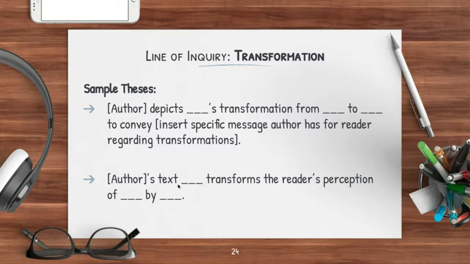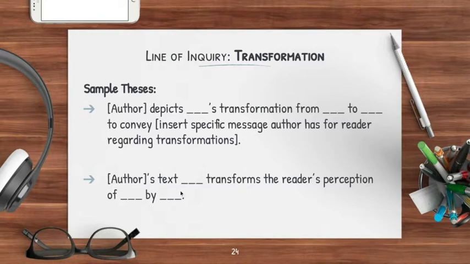And then again, if you're not focusing on the character and you want to focus on the reader and how that experience of reading the text was transformative for them, your thesis might look something like this, right? The author's text "blank transforms the reader's perception of" insert that item "by," and then explain how that item or that thing is transformed, or their understanding of that thing is transformed.